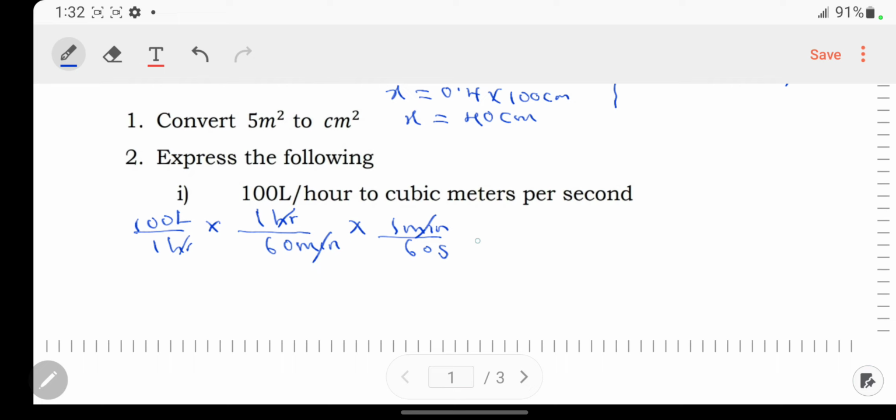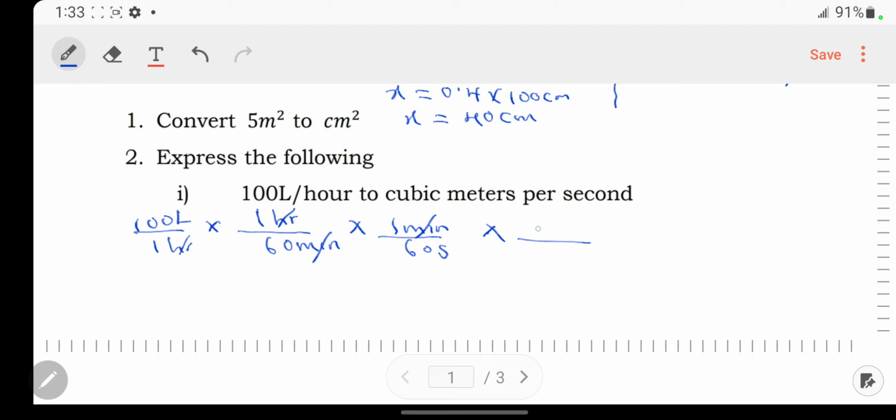After that, we now convert this liter into cubic meters. So we are going to multiply again. Now the unit of conversion is 1 cubic meter is equal to 1,000 liters.